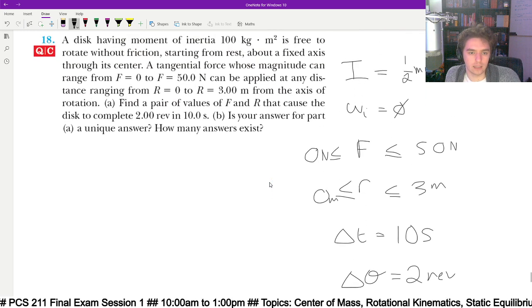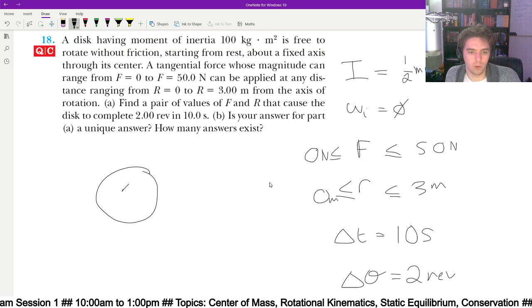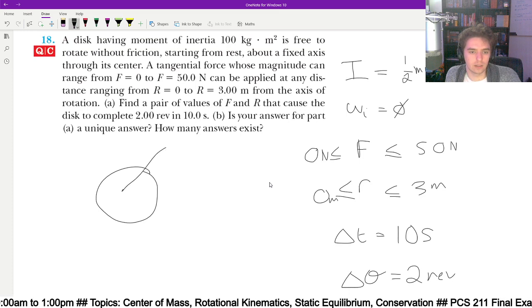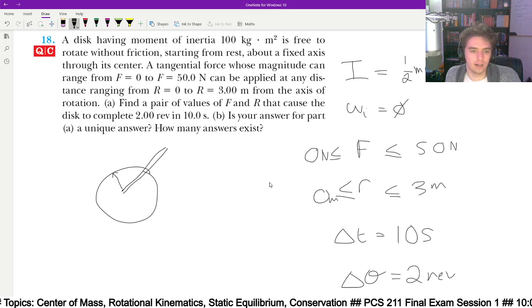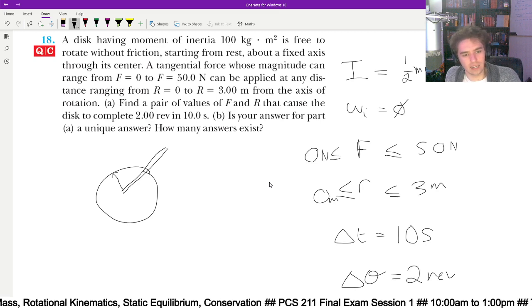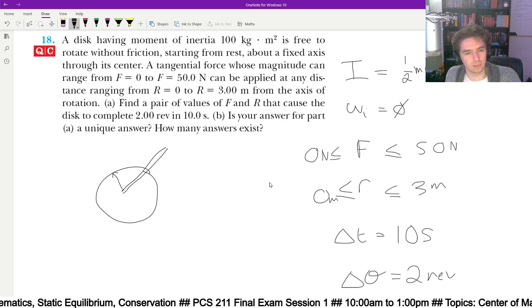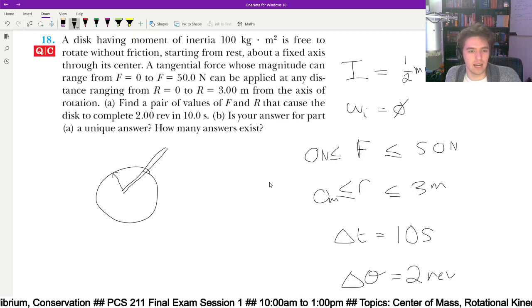So it looks like this. Let's just say I have a disk, and the moment of inertia is like a pole coming through it, right? Like that. So that's the axle, and it's spinning. So this is R, anywhere like that. This distance is anywhere from 0 to 3. Doesn't really make sense, but the place where you can apply the force is anywhere from 0 to 3.